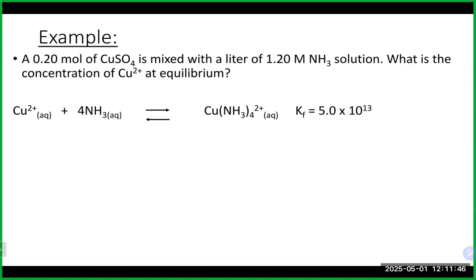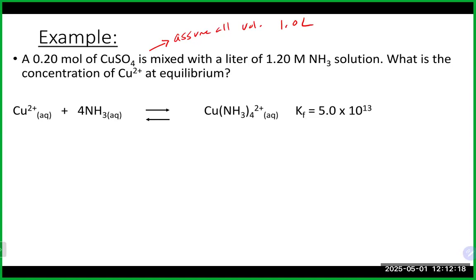In this case, we want to know: if we take 0.2 moles of copper(II) sulfate and mix it with a liter of 1.2 molar ammonia, what is the concentration of copper at equilibrium? Just for this example, and not always the case, we're going to assume all the volumes just stay at 1 liter. It's not always the case, but here we can get an idea of what's going on.